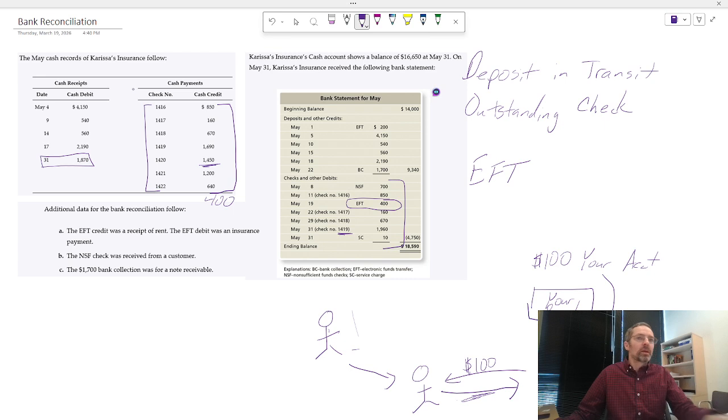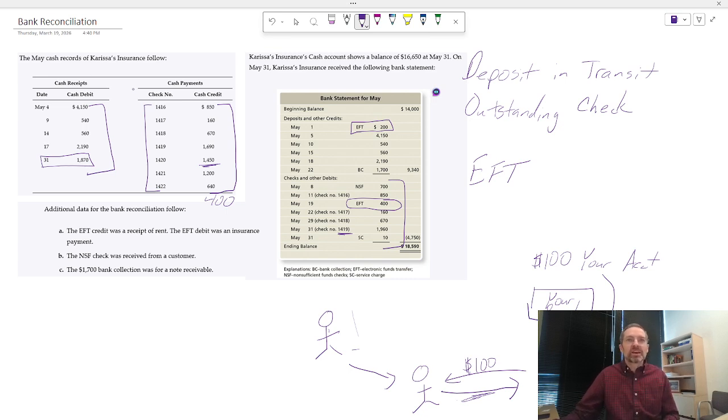Another thing might be deposits. Maybe someone is paying us electronically. The things over here on our side in our books, so this is our cash ledger, these are only things that we probably got cash for or checks, and we're taking them to the bank, so we actually handled them and said, all right, I know this is going into the bank account.